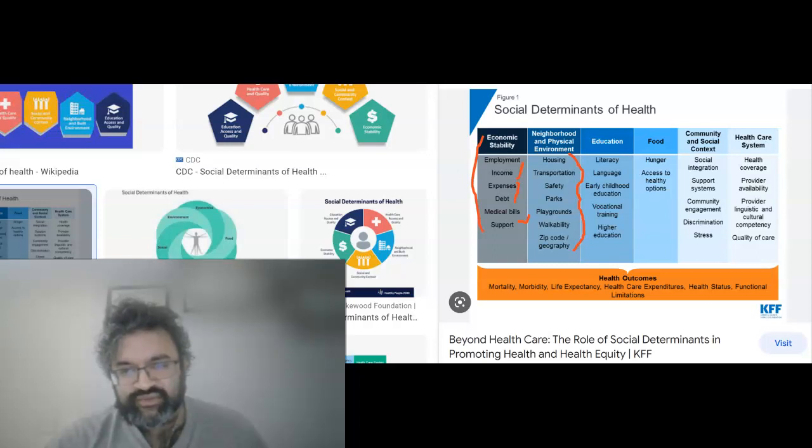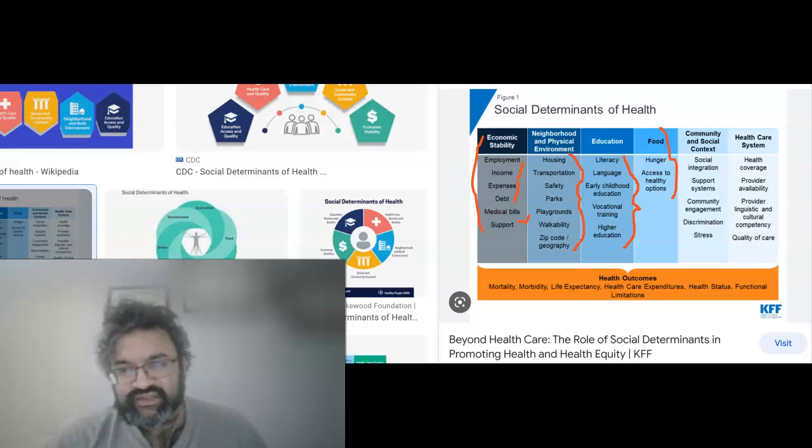So that includes literacy, language, early childhood education, local vocational training, and then higher education. And then food insecurity actually goes under economic stability, but in KFF they decide to make it a different domain because of such an important context.